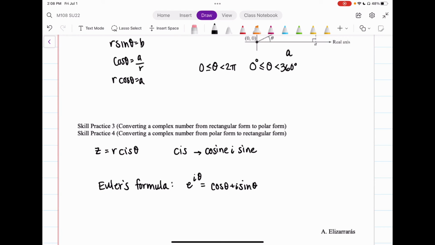And so you might see some complex number that's written z equals, let's say, 2 times cosine pi over 3 plus i sine pi over 3. We can write that as 2, and then cosine i sine is e to the i, and then our theta was pi over 3. Or we can write that as 2e to the pi over 3 i. Those are the same thing, they're equivalent.